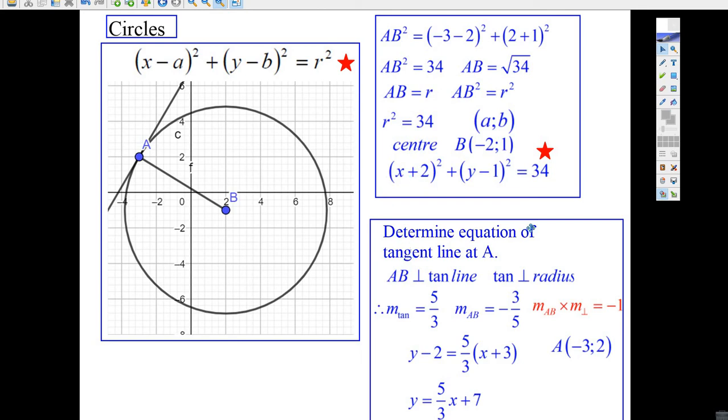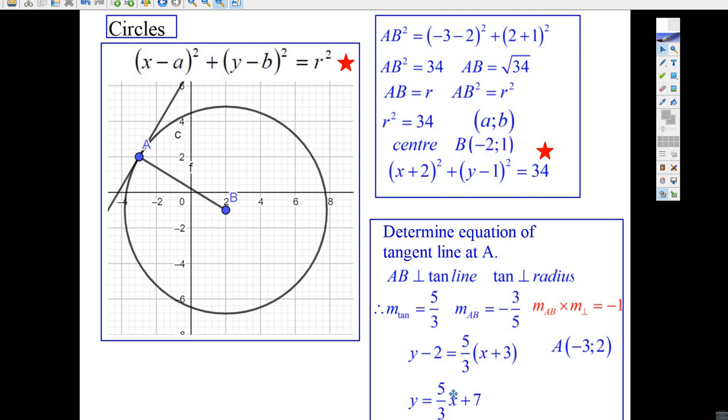Now, what if they said determine the equation of the tangent line at A? Well, you'd go, hey, that tangent line is perpendicular to the radius. That's a geometry reason. So AB is perpendicular to the tangent line. We know that the gradient of AB, and if you had this question, you'd have to figure it out, is -3 over 5. So the tangent line gradient must be 5 over 3. And we put it into that gradient point formula. And we want to do it right at A, so we go x minus -3.